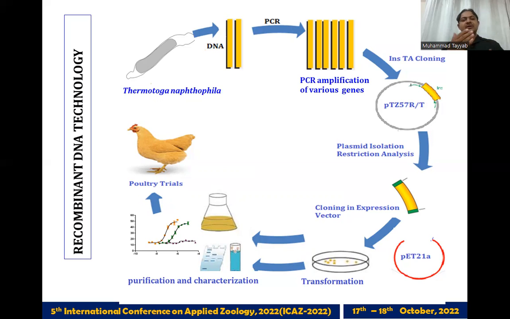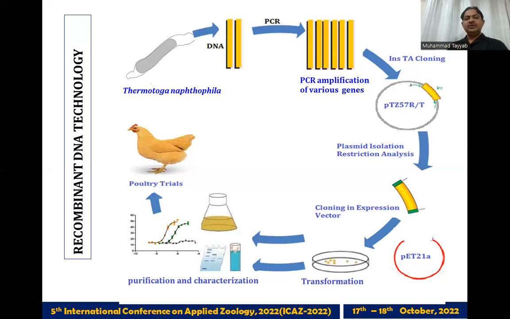So there are some steps which are important regarding the production of recombinant enzymes. First of all, we must have the hyperthermophile. The hyperthermophilic strain will be required for the isolation of genomic DNA.